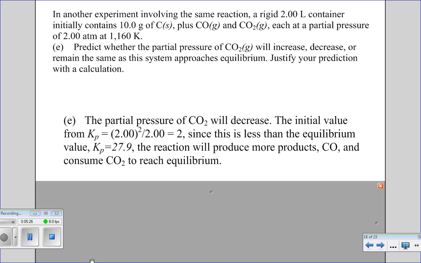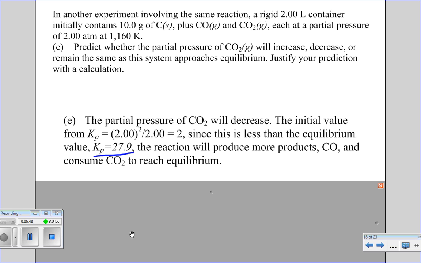Now why? The initial value from Kp, if I plug in those partial pressures, 2 atmospheres for each of them, calculates out to be 2. That's less than the equilibrium value. Kp is 27.9.